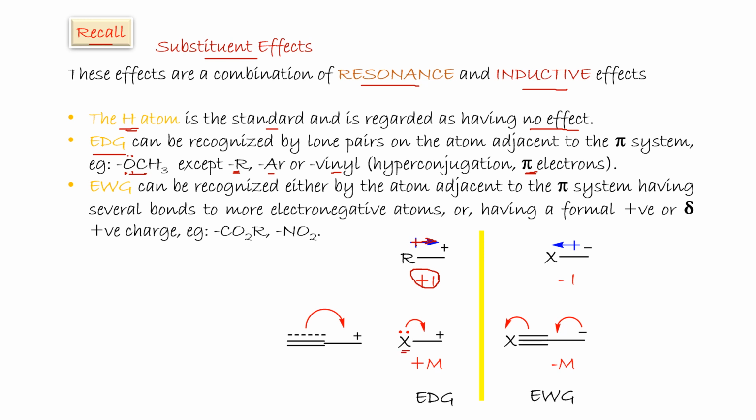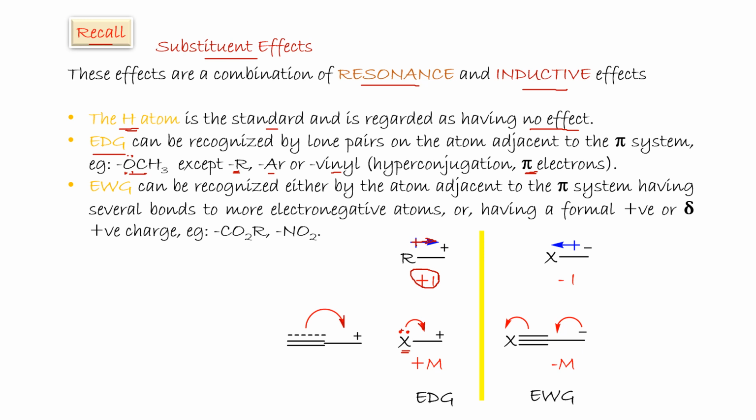Here, an electron donating group acts via the lone pair, or if we have a pi system like aryl or vinyl, the pi bond can donate the electrons and stabilize the carbocation, and destabilize the anion.